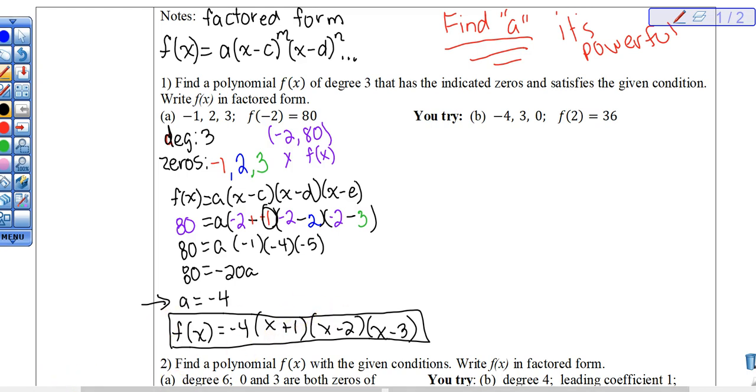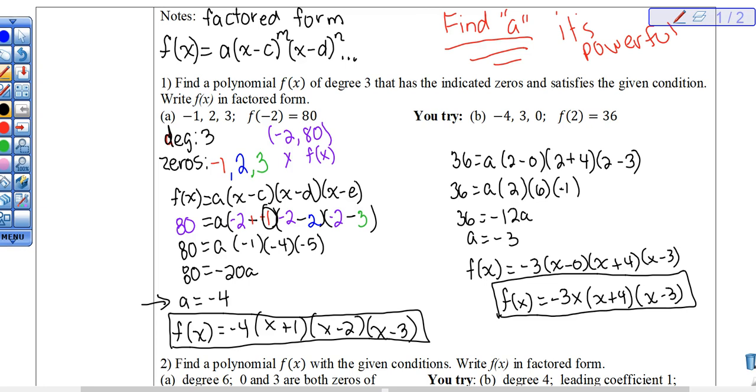Okay, so you try, and when you're done, press pause, and when you're done, you can come back and see if your work is right. Okay, so when you're done, your A was -3. And so you plug in the -3 in all of your zeros, and then, of course, simplify.